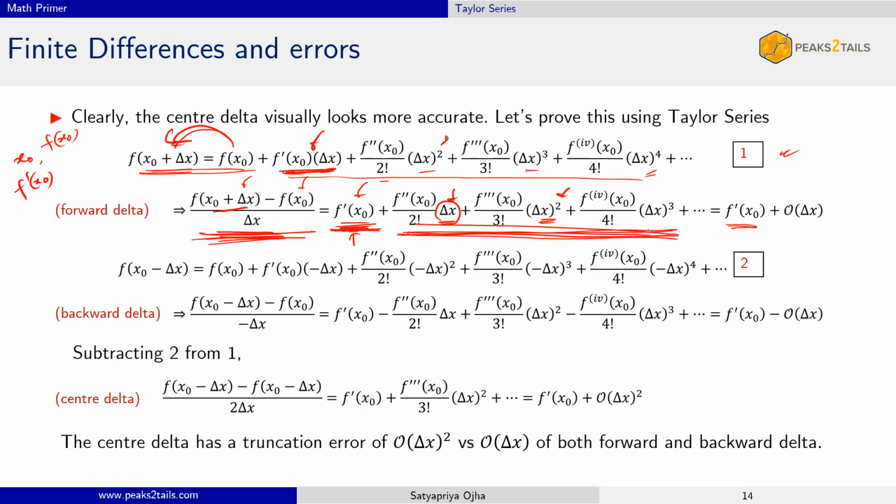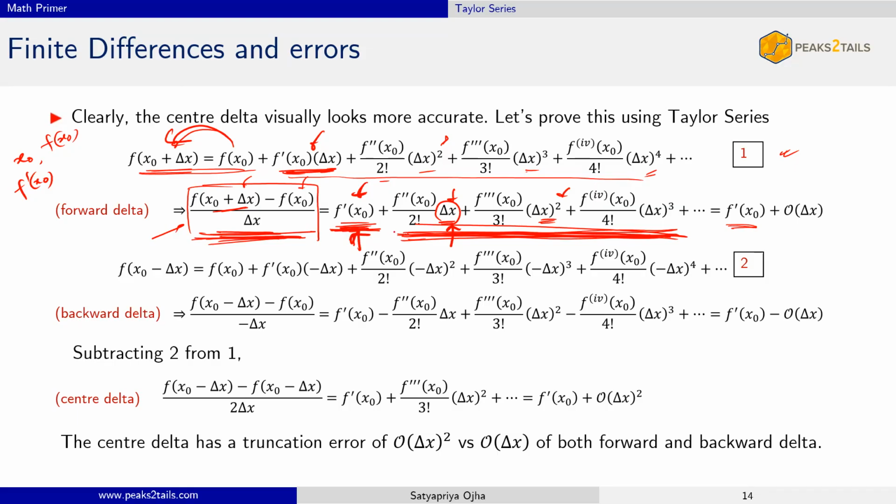There are some additional terms that come as part of this finite approximation, so you are bound to have errors. It will not be an exact approximation of the analytical derivative. Based on your choice of delta x, you will incur some error. These terms will contribute to the error because the left-hand side is the true derivative plus something else. That something else, we are trying to measure the order of this error.